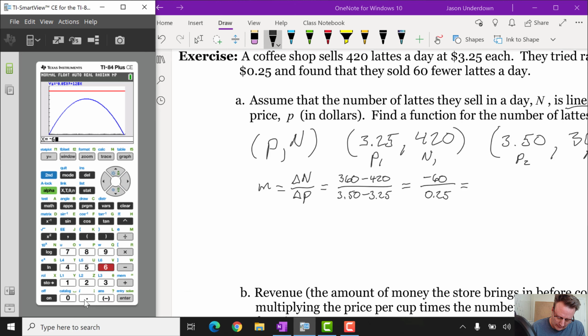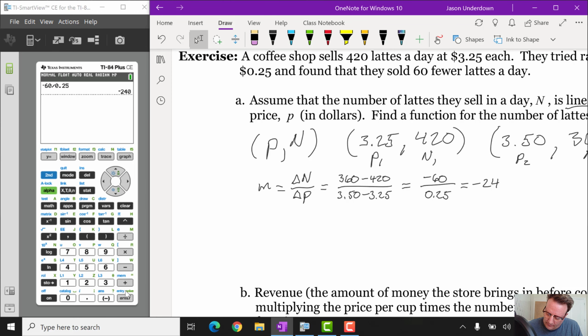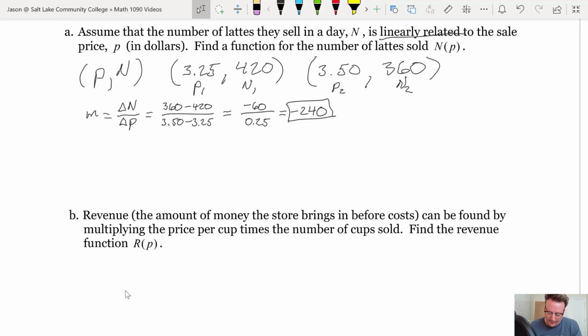So we have negative 60 divided by 1/4, or 0.25. I could have done this in my head, but negative 240. Okay, so that's the slope of our line. Now we know the slope of the line that relates price to number sold.